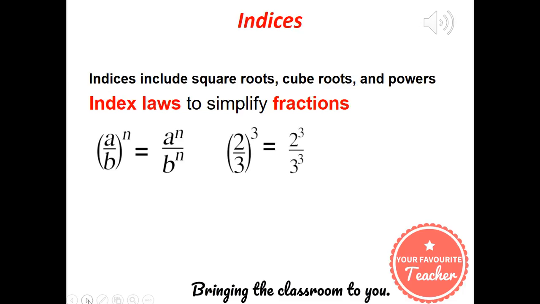As an example, if I have 2 over 3 to the power 3, it'll be the same answer as 2 to the power 3 divided by 3 to the power 3. Or if I have 4 divided by 5 and that whole thing has to be squared, it means it's 4 squared divided by 5 squared.